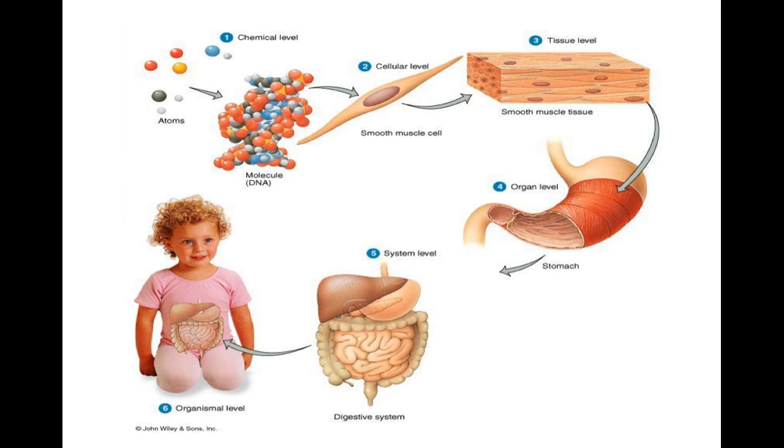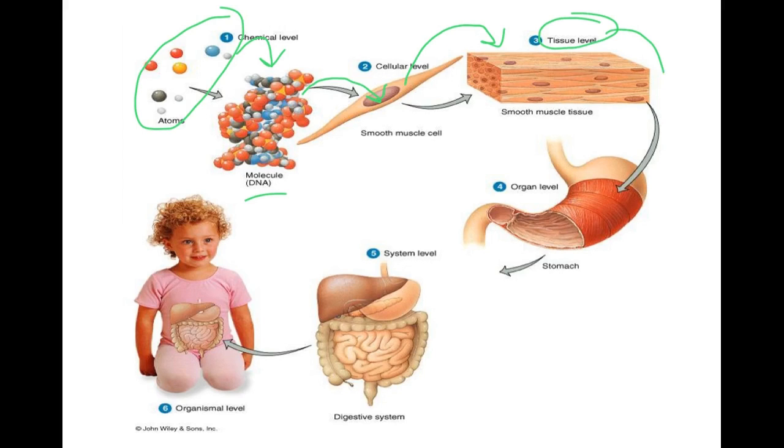And here's a picture form of what we just went over. You've got the smallest level, the chemical level, the atoms. They bond together to form molecules, like this is DNA, deoxyribonucleic acid. It is part of cells, and it would be in the nucleus, that's the cellular level. A lot of cells put together to do a certain job, that is the tissue level.